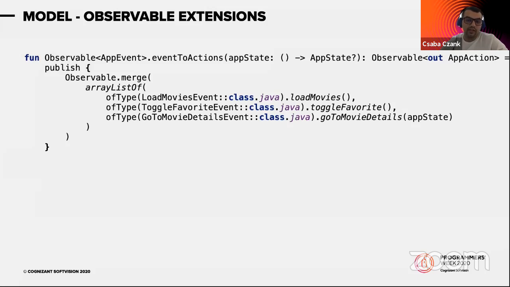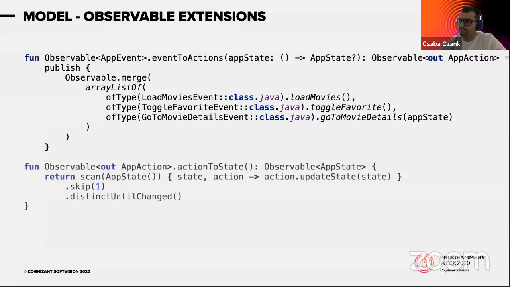All these functions are extension functions on observable. Events to actions is the function that maps the event to use case. And the use case will process the data and generate the action corresponding to the event. Action to state scans the current state and together with the current action creates the new state.